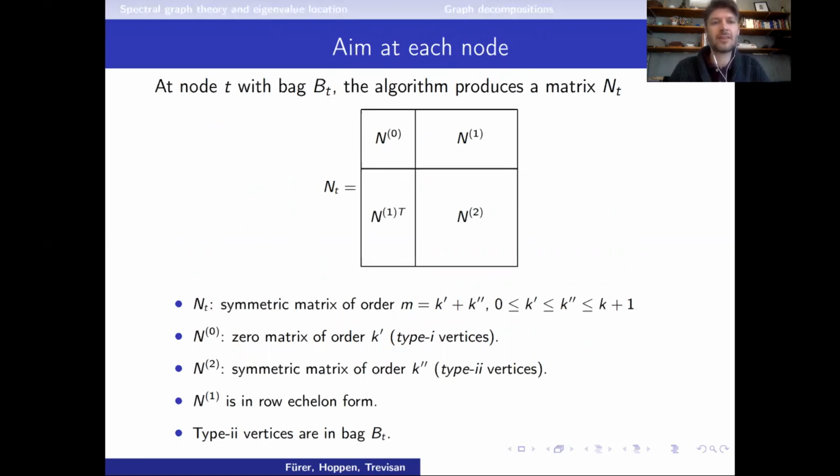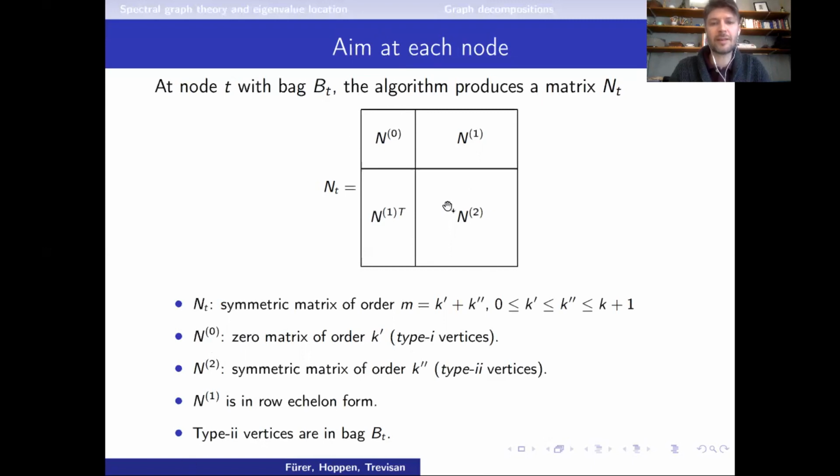So at node t with bag B_t, the algorithm produces a matrix N_t. And the matrix is as follows. I have two square matrices, N1 and N2. N1 is a matrix of order k prime, and those vertices will be called type 1, and it's all zeros.